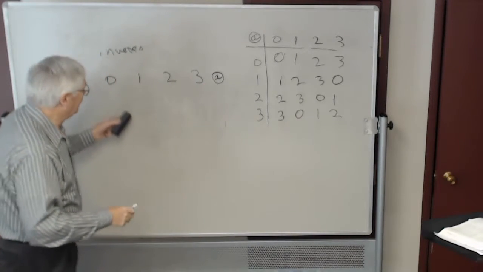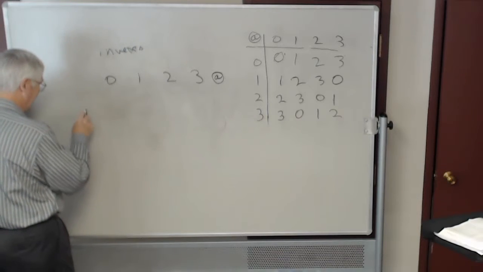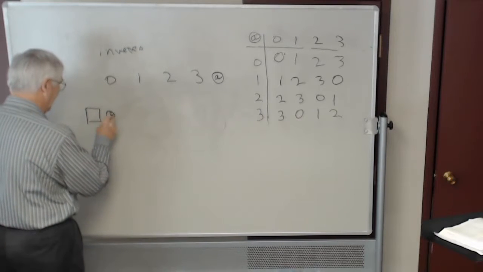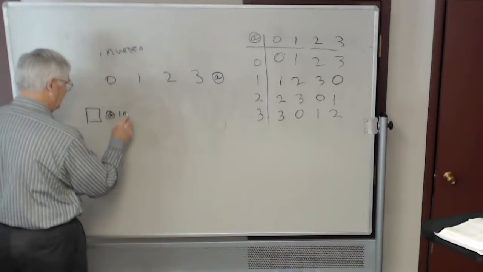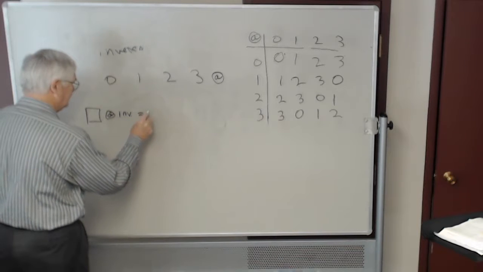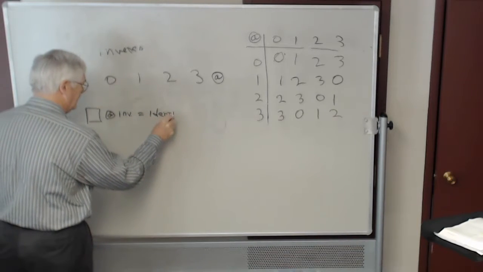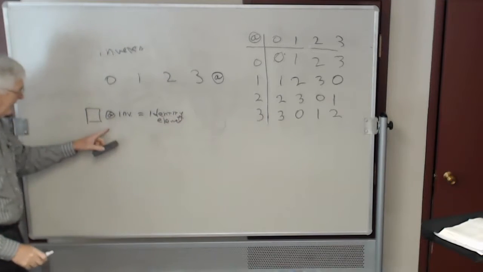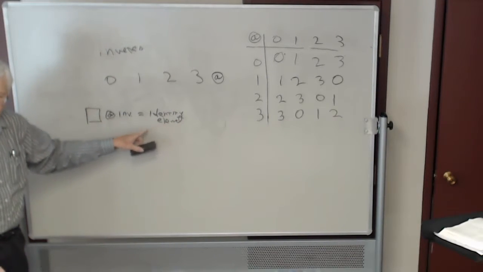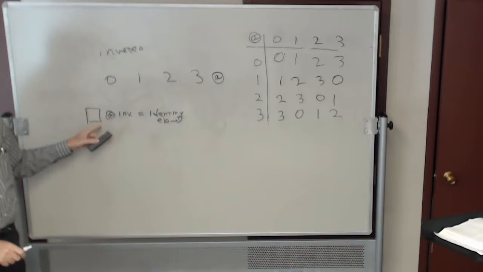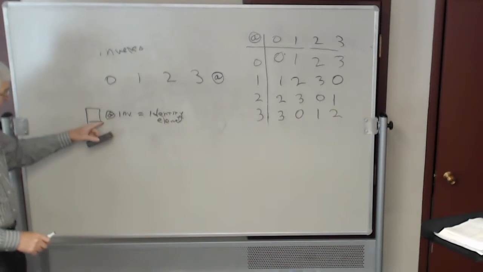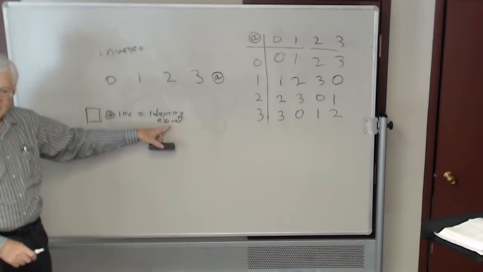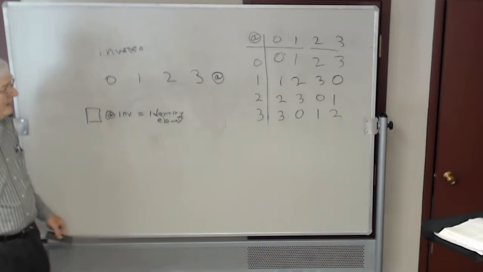Well, before I can find the inverse, I have to have the number at the inverse equals the identity element. You follow me? The number at the inverse equals identity element. When I operate on this number, I have to have a number that I can operate on it where the answer is the identity element. So now I have to find the identity element.